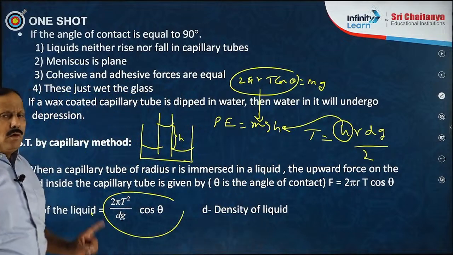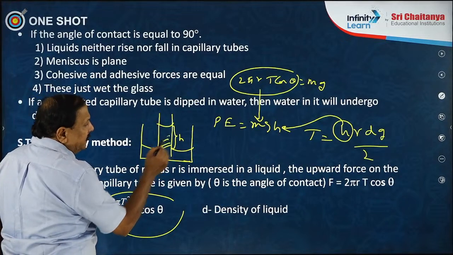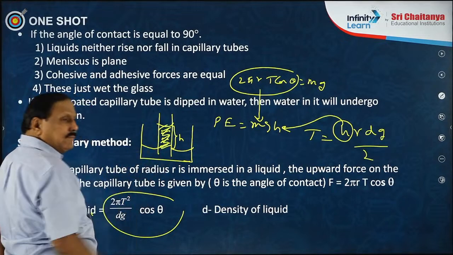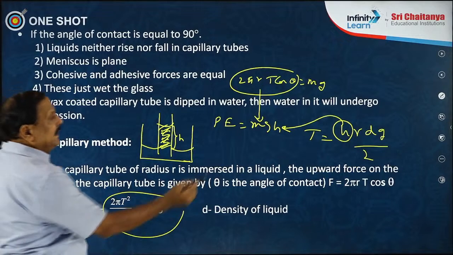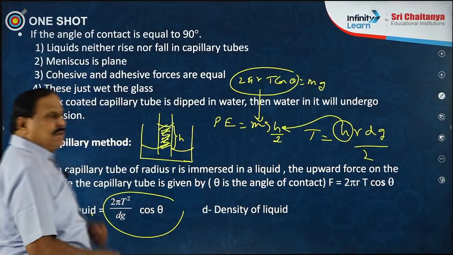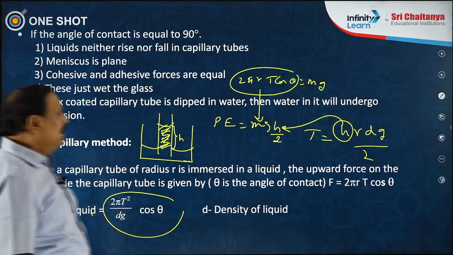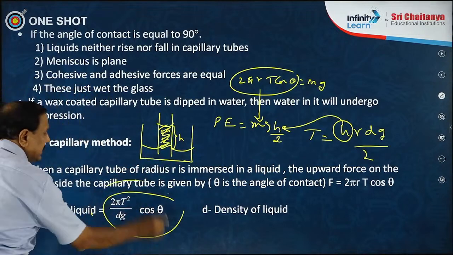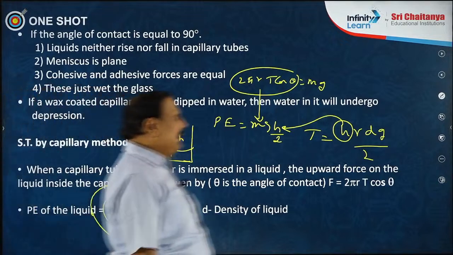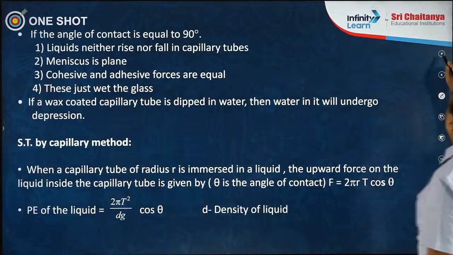But one more important point to be remembered is that this liquid is a lengthy column. Therefore, in writing this h, we have to take only up to the center of mass of that particular liquid, so h by 2 must be substituted. You have to remember that point. After all this we will get the final formula for the potential energy. Try to remember that final formula.